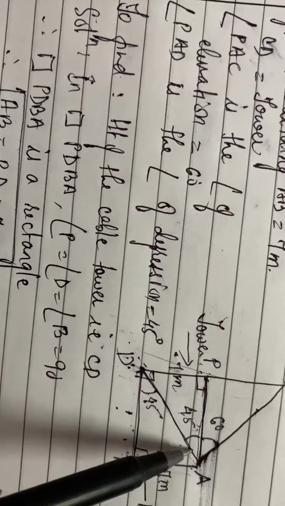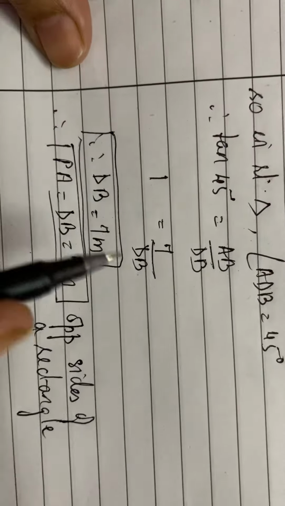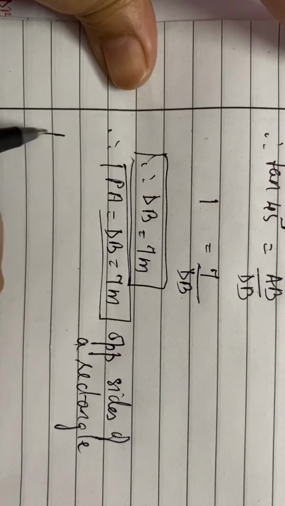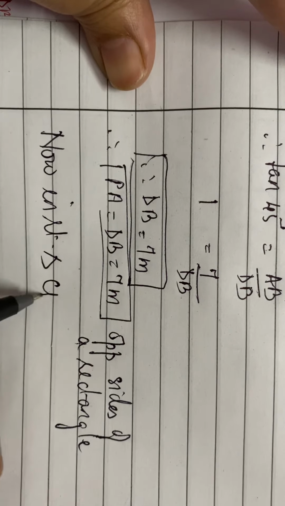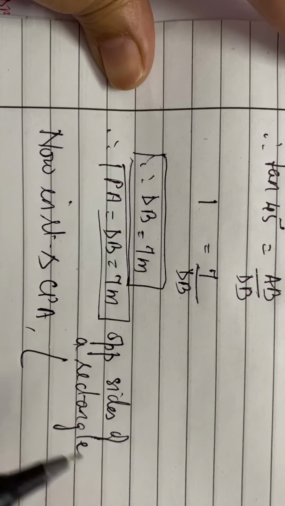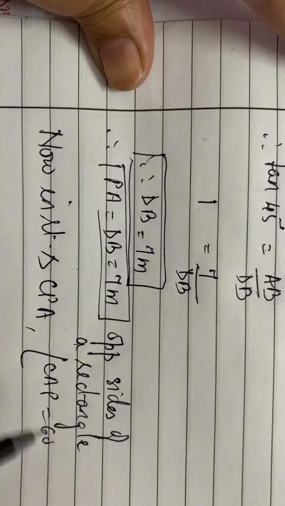Now we come to this triangle CPA. In right triangle CPA, which angle is of 60 degree? Angle CAP is equal to 60 degree.